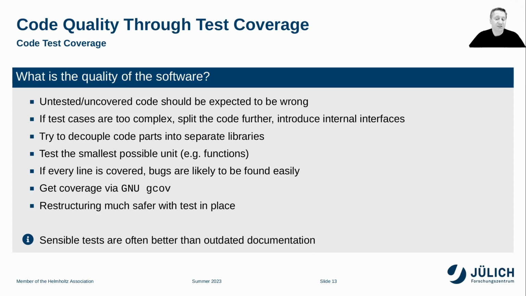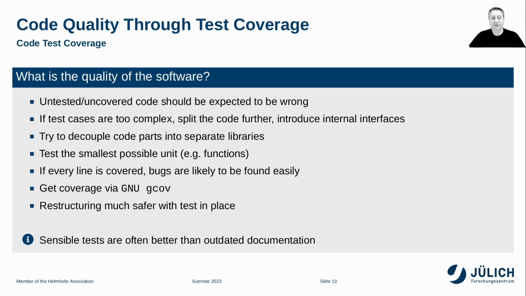And obviously there are also tools where you can take a look at the coverage, so you don't need to do that in your head. There are tools like GNU gcov that basically help you and visualize how much code is covered and even which parts are covered, so you know exactly what tests are still missing and what code you still should write.